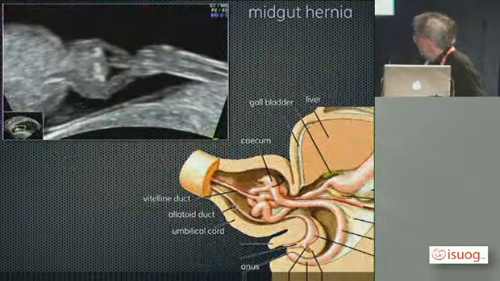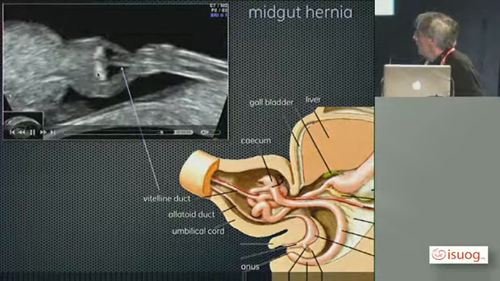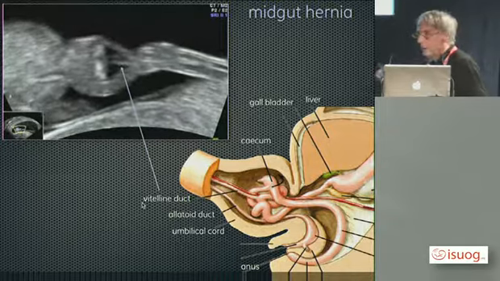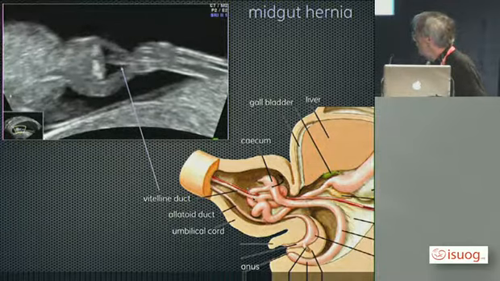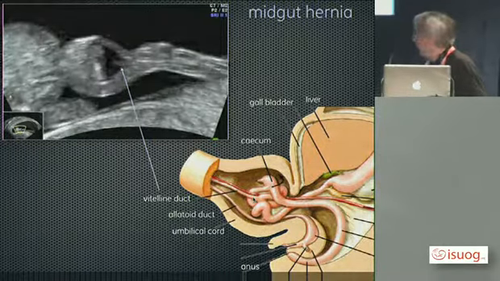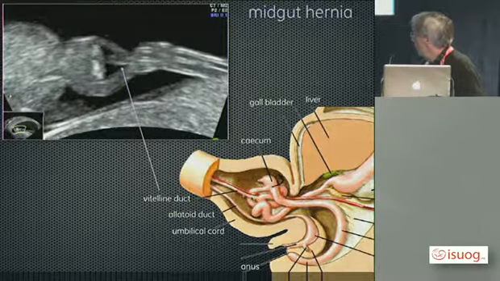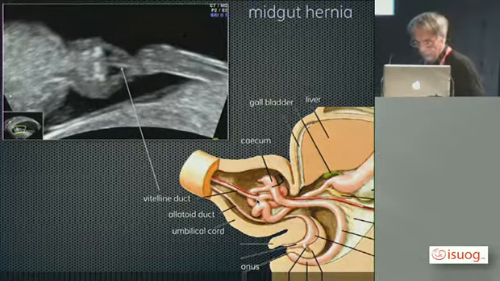And here you can see loop of intestine inside the cord. The vitelline duct. The vitelline duct is going from the yolk sac to the intestine. It's connected to the intestine, and it will disappear. But sometimes you have a remnant of the vitelline duct, a small part here, and the name of this is Meckel diverticulum.